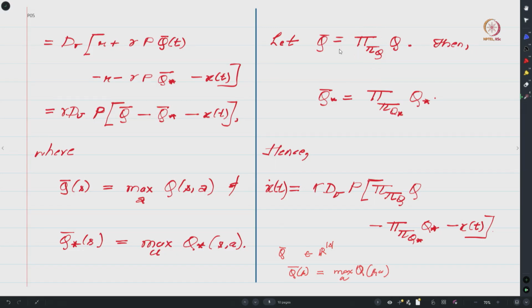an operator called capital pi subscript little pi q, right. The little pi q over here basically denotes the greedy policy with respect to q, okay, and this here will be an S cross SA dimensional matrix, right, and recall that q is an SA cross 1 vector.